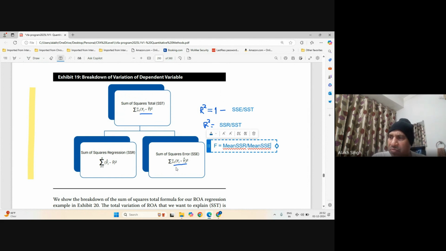That gives you the mean square error, and taking the square root gives the root mean square error. If root mean square error is high, then our model is wrong. These three things we use for testing.